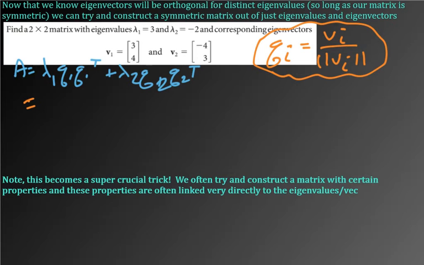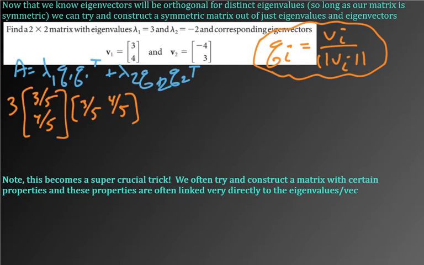A is going to come out of 3 times Q1, which is 3/5 and then 4/5. That's V1 normalized, times the row vector 3/5, 4/5. So it's Q1 Q1 transpose, plus -2 times -4/5, 3/5, which is V2 normalized, times the transpose of that.